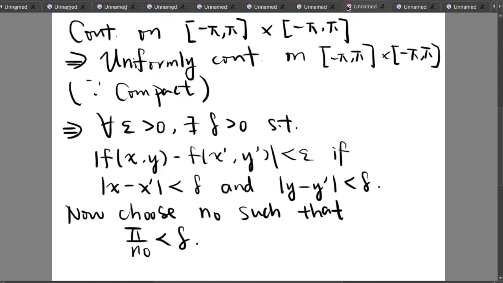So that means for all epsilon greater than 0, there exists a delta greater than 0 such that the absolute value of f(x,y) minus f(x',y') is smaller than epsilon if the absolute value of x minus x' is smaller than delta and the absolute value of y minus y' is smaller than delta. So we choose n naught such that pi over n naught is smaller than delta.